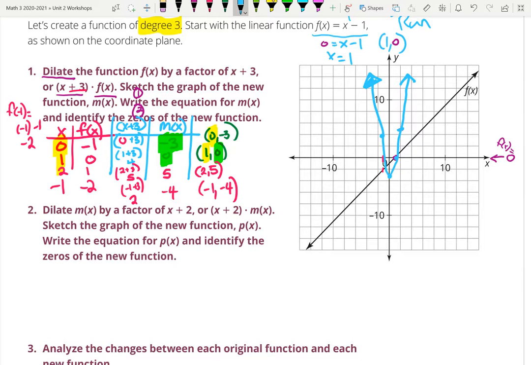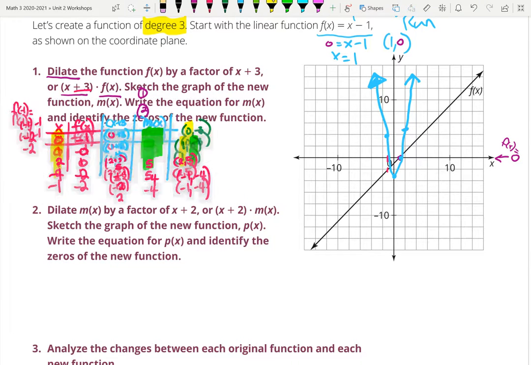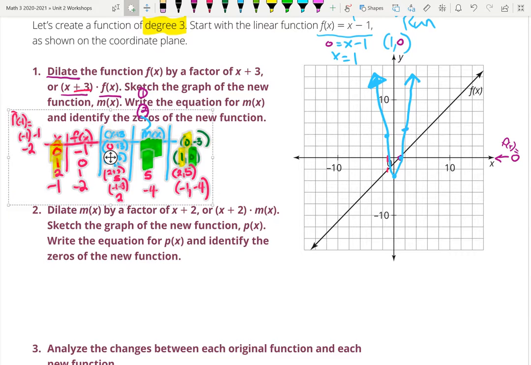So the idea here is the inputs stay the same, but since we are dilating it, we need to multiply the output, the f of x, by whatever we're dilating by. So what would this new equation look like?